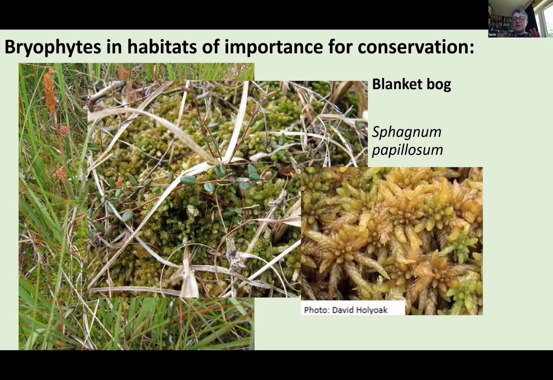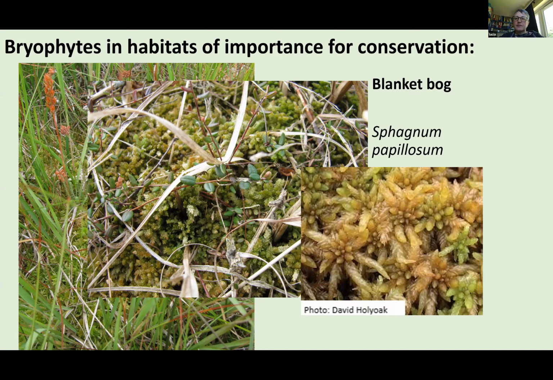And it also is found in valley mires, where it slowly colonizes areas of water and creates these lawns, and slowly grows out of water to almost kind of cover the water area, and creates an area of sphagnum on top of the water.